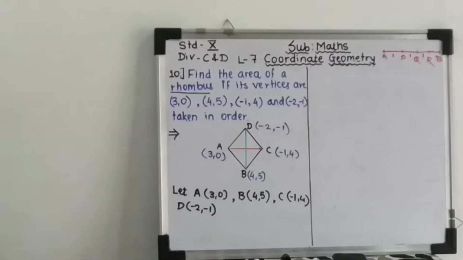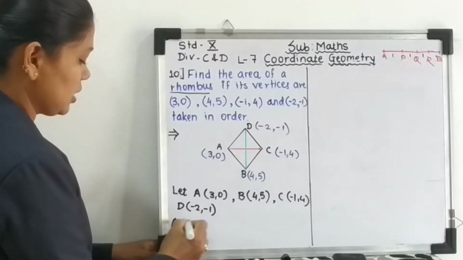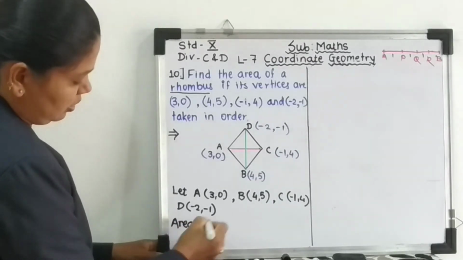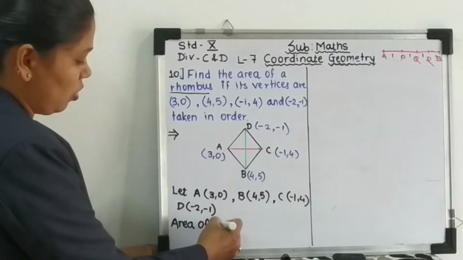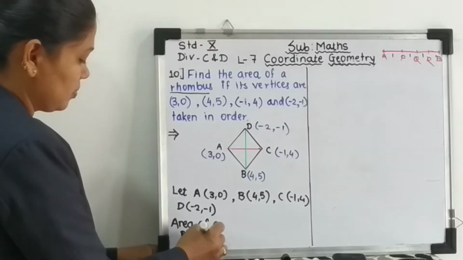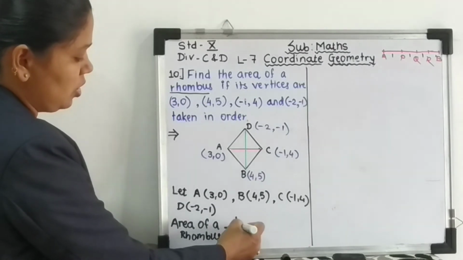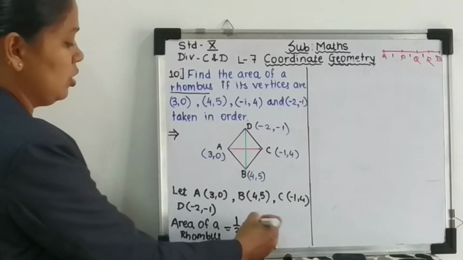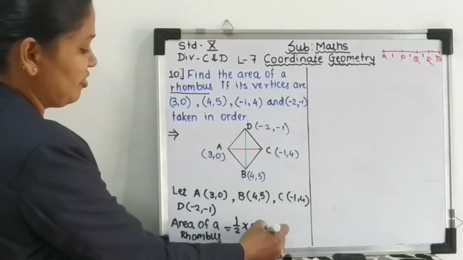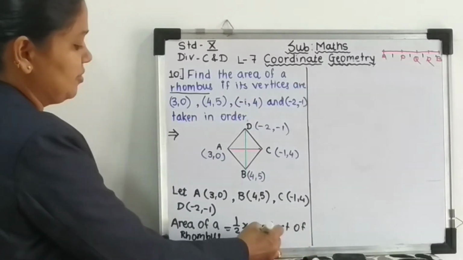Now see students, here we are going to find the area of a rhombus, which is equal to half into the product of diagonals.